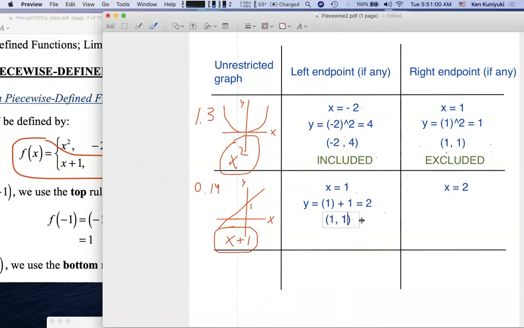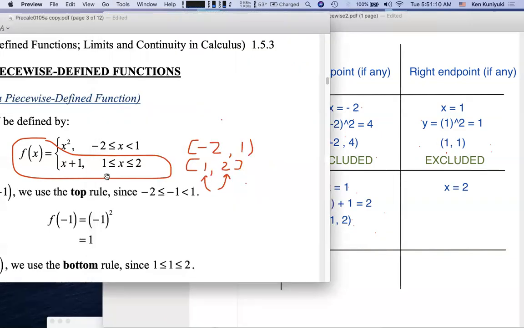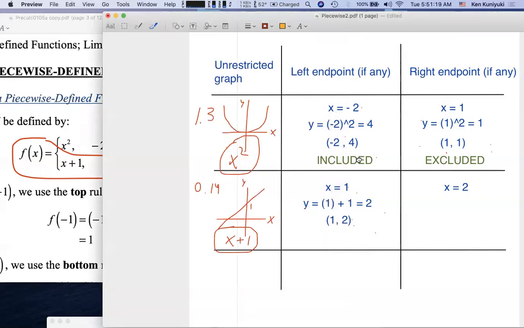That's going to be the left endpoint for the second piece. Now 1 comma 2 is a different point from 1 comma 1. There's no way that we're going to have continuity. There's going to be a jump here. Because of the bar there, we have a weak inequality. X equals 1 is included as part of this subdomain. The point 1 comma 2 is included as part of the second piece of the graph.